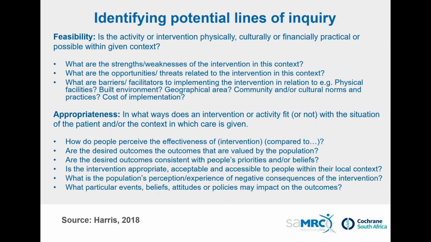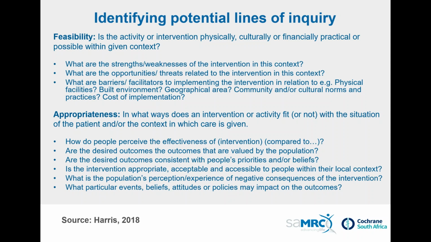Alternatively, you may decide that your specific line of inquiry for the review is going to be about appropriateness. So that is, in what ways does an intervention or activity fit or not with the situation of the patient and or context in which it is delivered? And then again, you need to decide the specific question or questions you want to ask in relation to appropriateness.